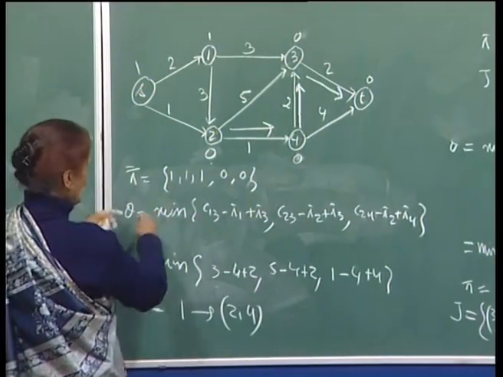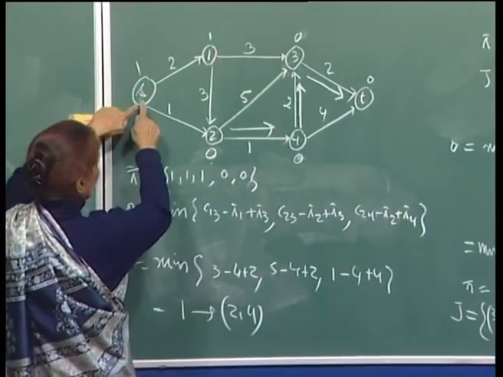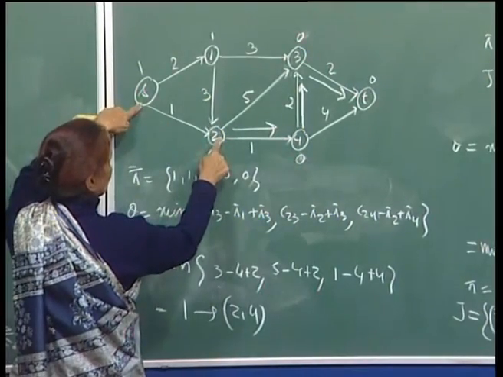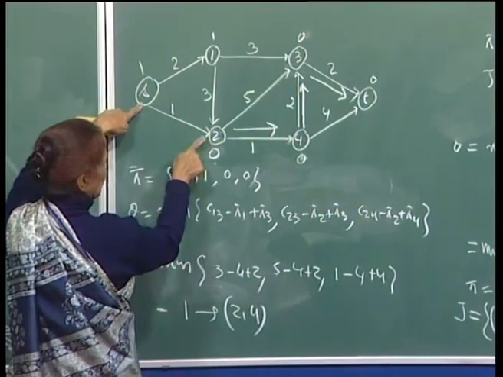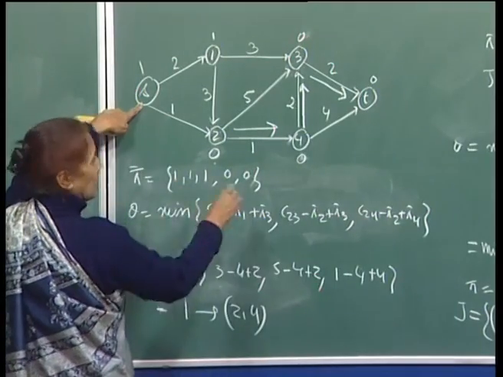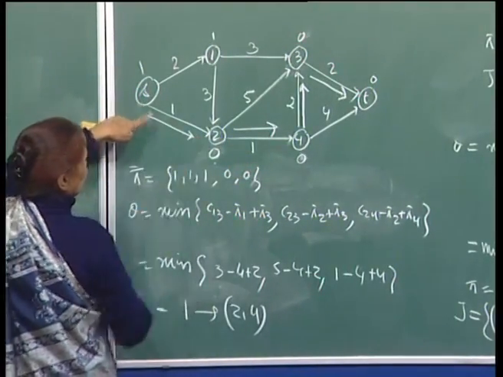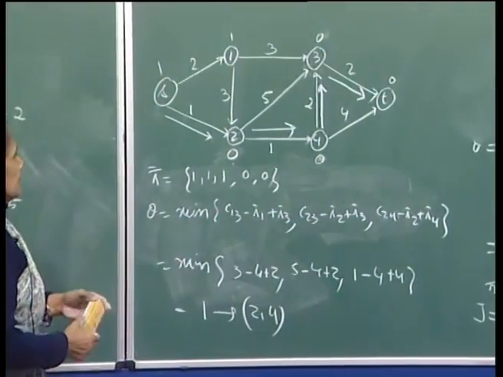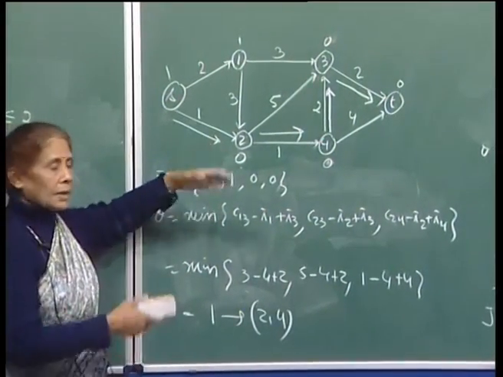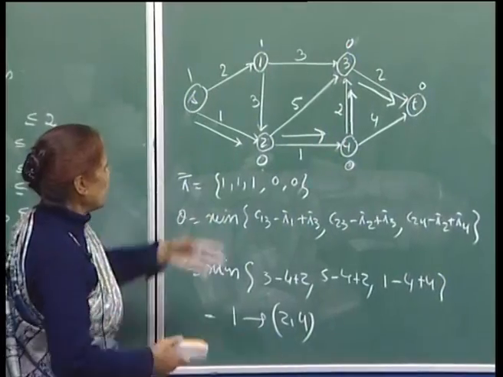So now when you choose your theta, that will be for arcs S2 and 1 2. Fine, I will leave that to you. You sit down and work it out that your theta will occur for the minimum value, and therefore you now have a shortest path.